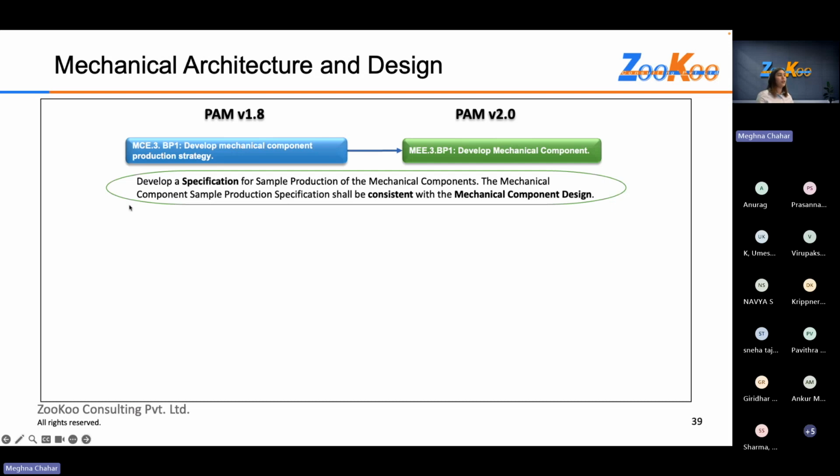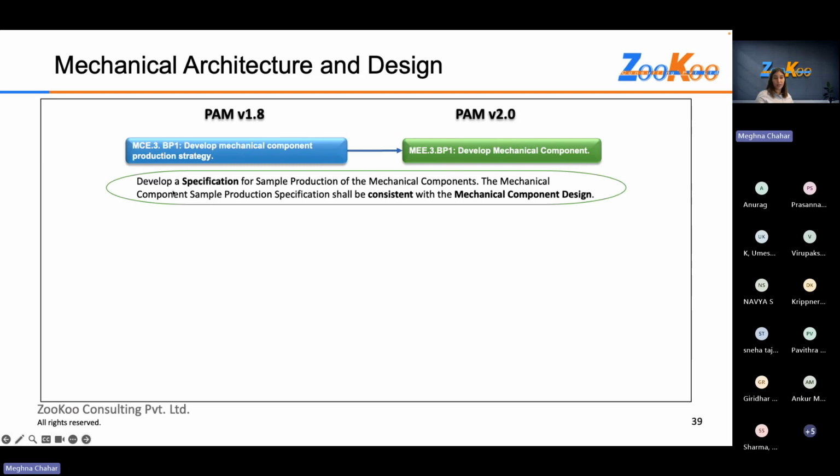That's what you will see in all the BPs. BP1 was develop mechanical component production strategy. Simply they have removed that and they're saying you need to develop a mechanical component. What do they mean by that?